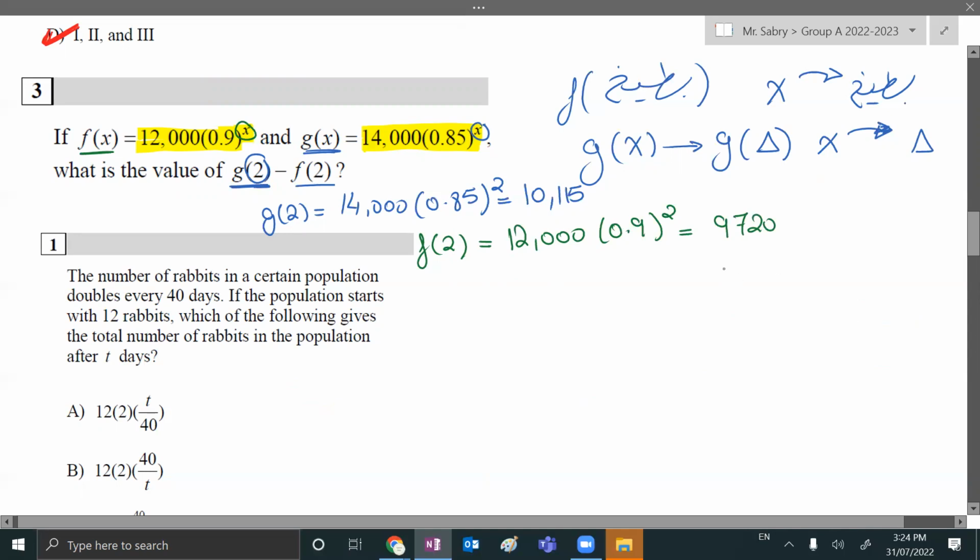So g of 2 minus f of 2 is 10,115 minus 9,720, which is $395. This is my final answer.